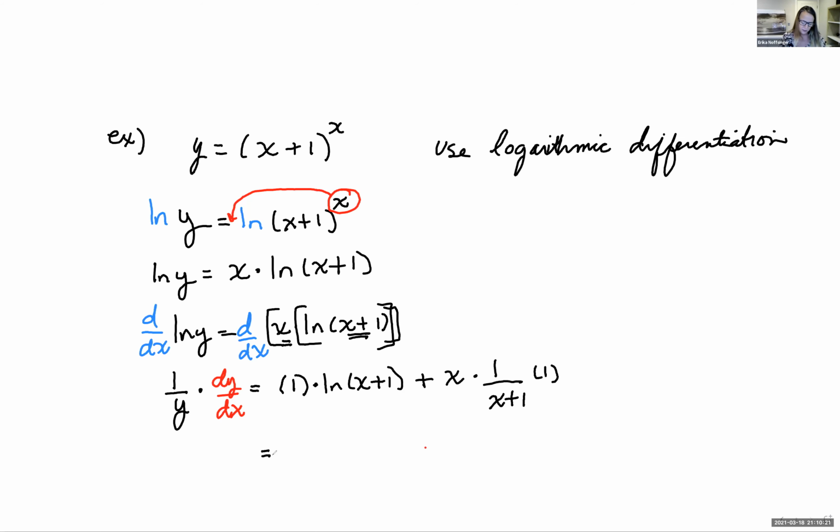let's clean this up a little bit. And at the same time, we want just what the derivative of y is with respect to x. We don't want that times 1 over y. And so we can clear that y on the one side by multiplying both sides of our equation by y.